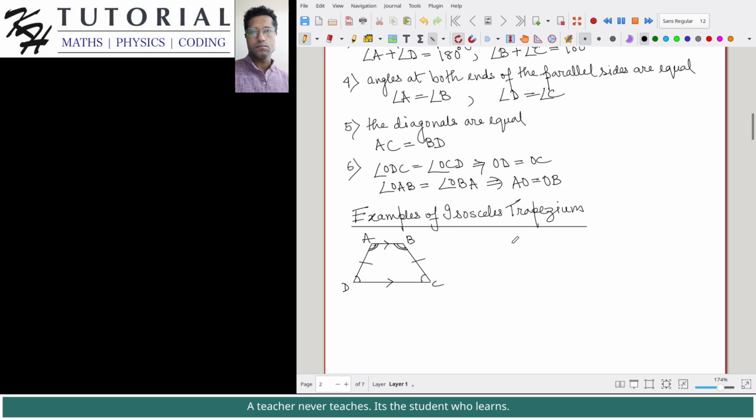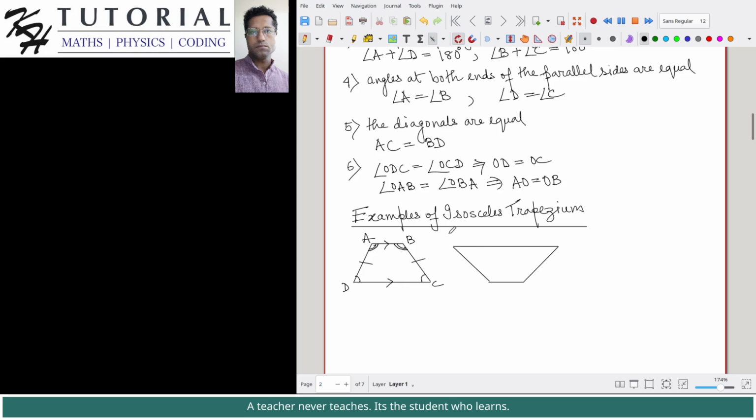Okay, let's see another isosceles trapezium. So we first draw the pair of opposite parallel sides but unequal. My drawing will be very approximate, it will not be perfect. So these are the two opposite parallel sides of unequal length, and hopefully the other two sides are equal.